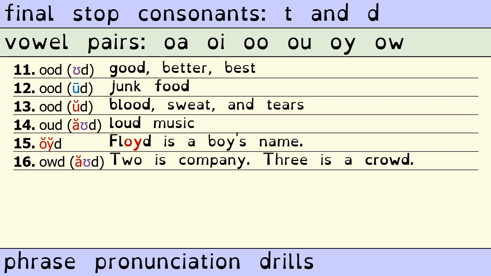Oud. Loud music. 15. Oyd. Floyd is a boy's name. 16. Oud. Two is company. Three is a crowd.